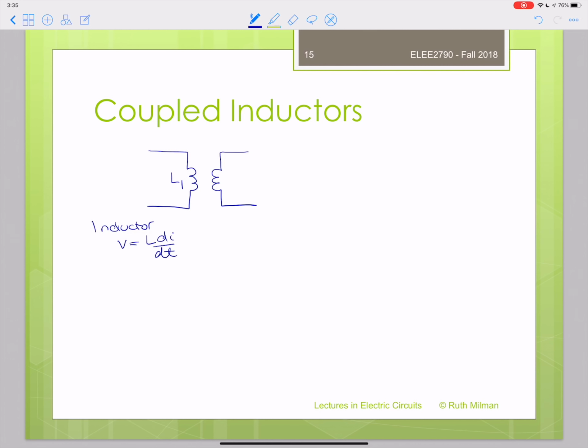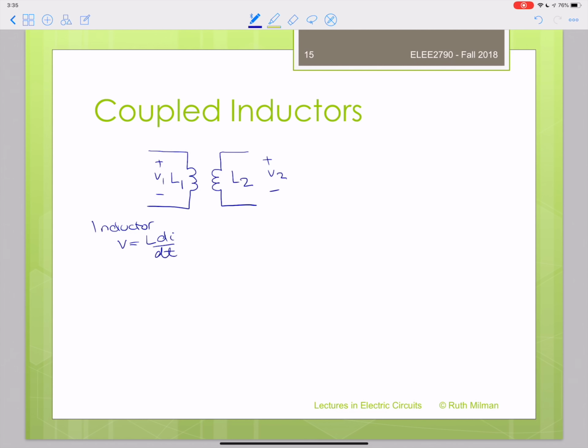When we have mutual inductance, where you have two inductors that are coupled together, you can label one of these as L1 and the second as L2. And you can actually talk about the relationship between the two inductors, because one inductor will cause an effect on the other. Your first inductor has a voltage V1, and your second inductor has a voltage V2.